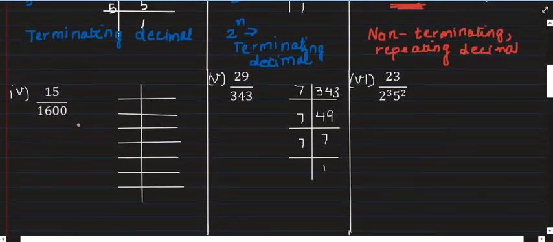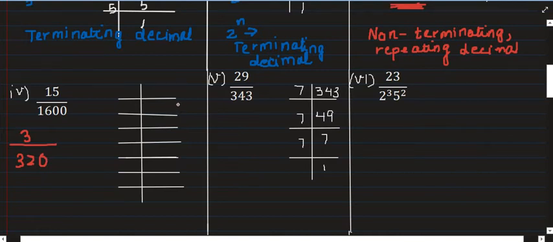In the next one, it's 15 by 600. In the simplified form, we will get it as 3 by 320, as they both have 5 as a common factor in the numerator and denominator. So we have cancelled them with 5, and we get 3 by 320.